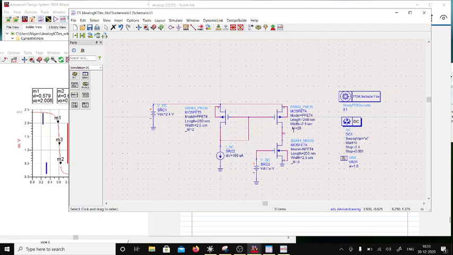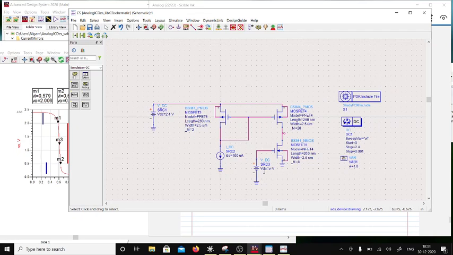Now what AC simulation does is it linearizes these devices irrespective of the supply. And once you linearize, even if you give a 1 volt input, the output will be 1000 volts irrespective of what the supply is. So the circuit has been linearized, that's why it is giving a 1000 volt output.